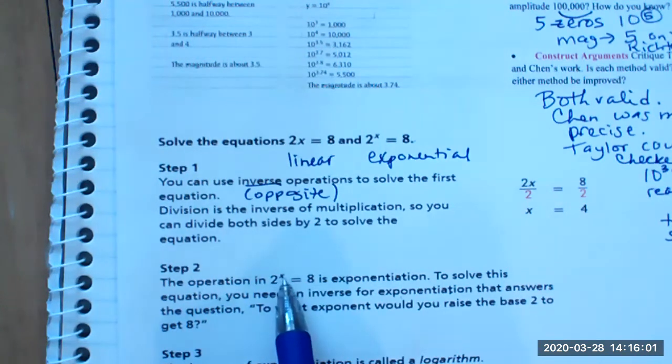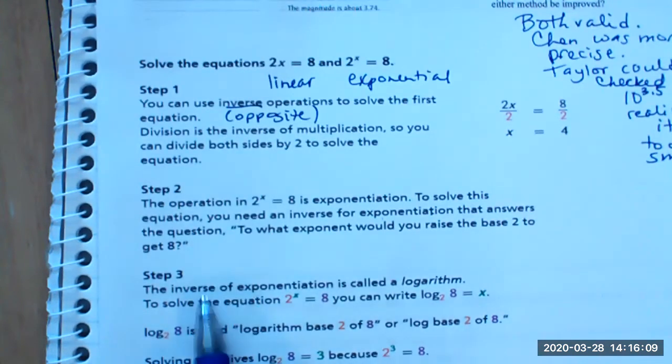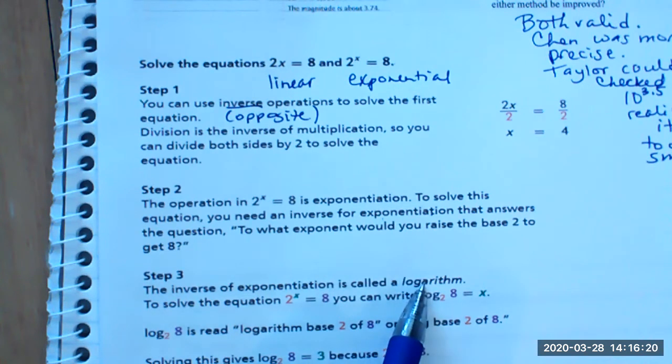But when we get to more difficult problems, we want to be able to solve them easily, and that's where logarithms come in. Basically, the inverse operation to exponentiation or exponential functions is logarithms, or a logarithmic function.